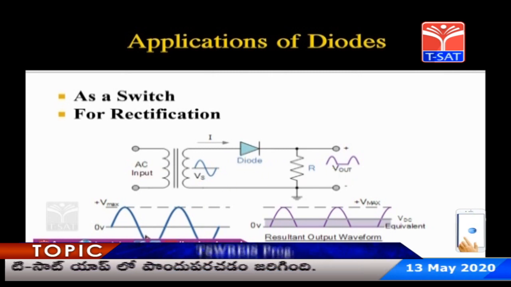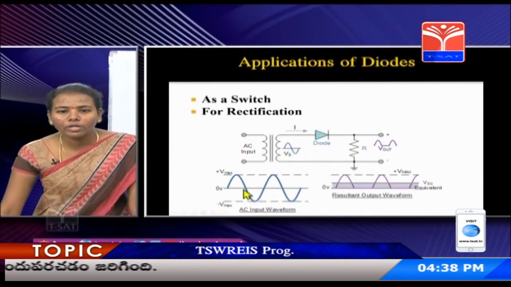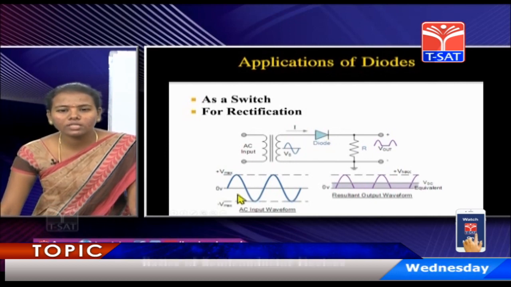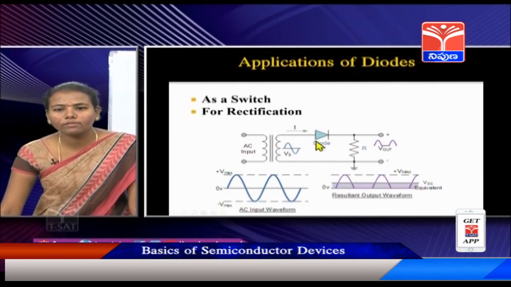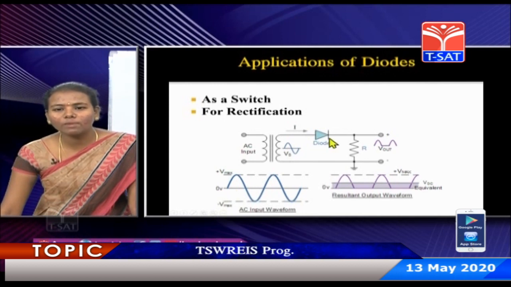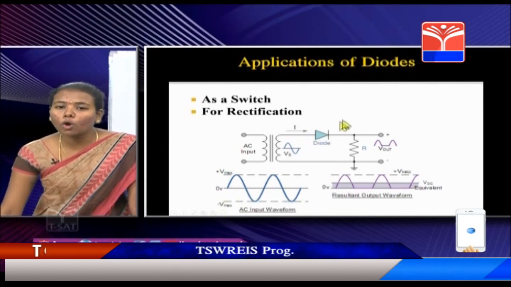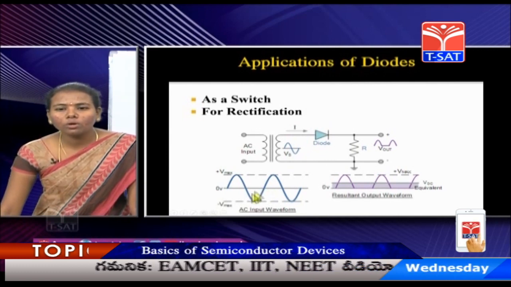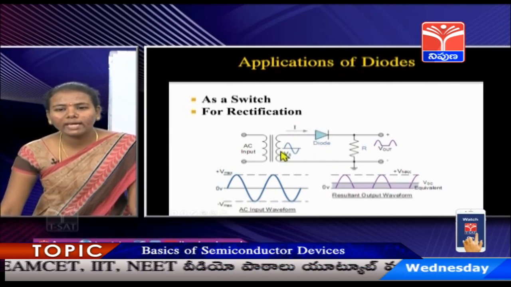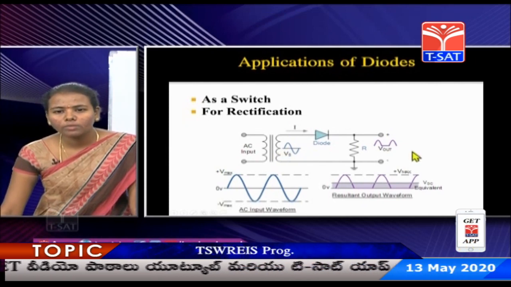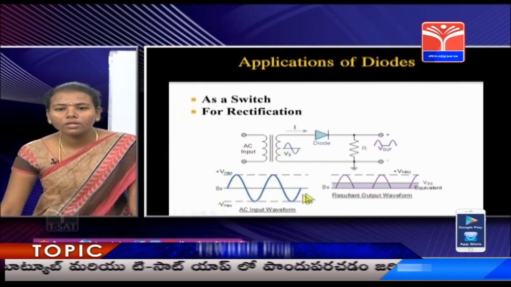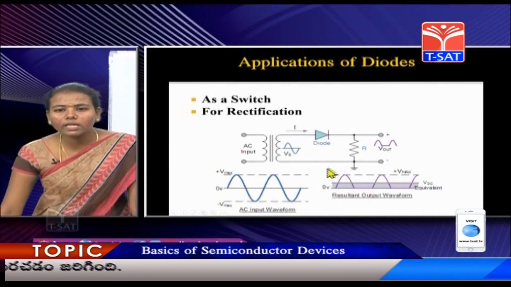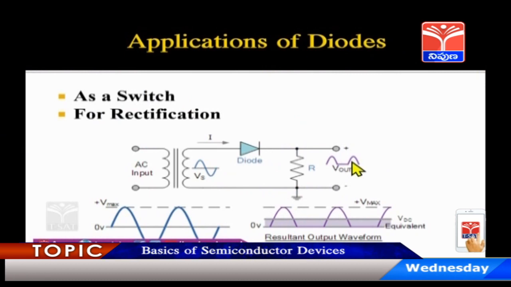And when you apply the negative half cycle, this diode will be reverse biased, because negative is connected to positive. So it will be open circuited. It acts as an open switch in reverse bias, so the diode will not allow the input to flow to the output. You are allowing only the positive half cycles to move to the output.